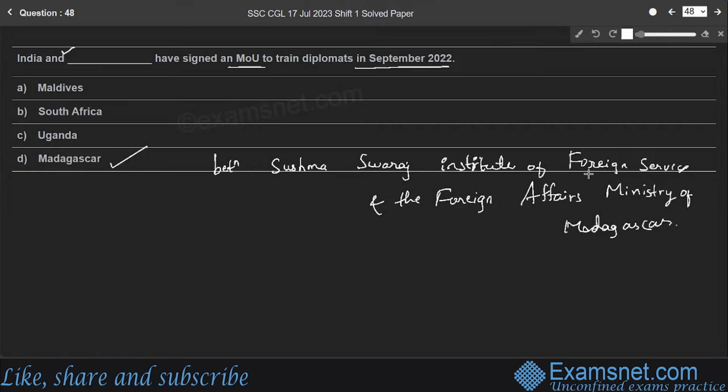This MOU will encourage the exchange of information and content of training programs for diplomats between the two countries. So option D is the right answer. India and Madagascar have signed an MOU.